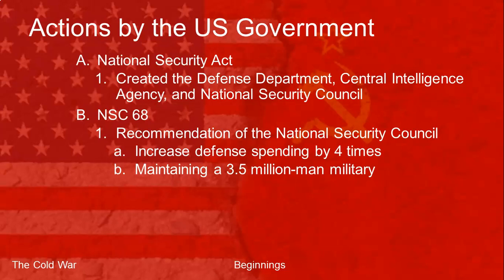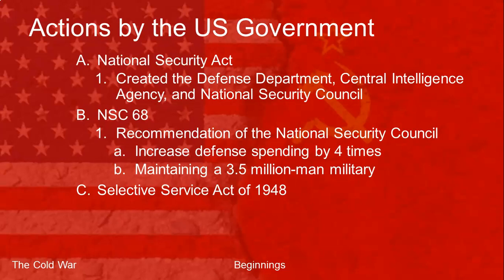They also recommended that the United States maintain a 3.5 million man military. Okay? That's not just the Army, but also the Navy, the Air Force, everything. So these are huge, huge recommendations. Partly because of the recommendations of NSC 68, Congress would also pass in 1948 something called the Selective Service Act of 1948.